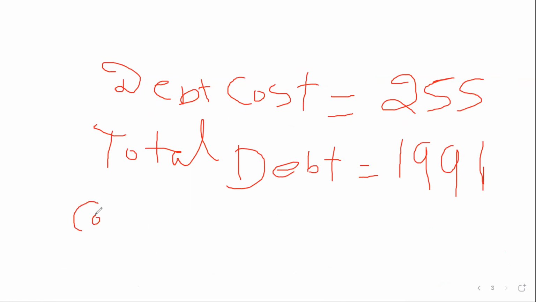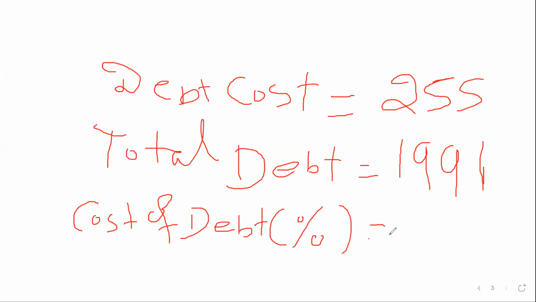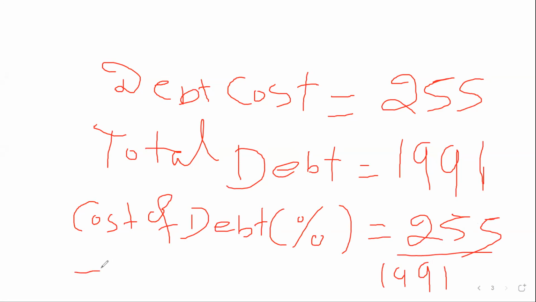Therefore, the cost of debt in percentage would be 255 divided by 1991. I think it'll be quite a lot. Yeah, so the debt is quite expensive. It's about 20% something plus, which is weird. So this is how we calculate the cost of debt.